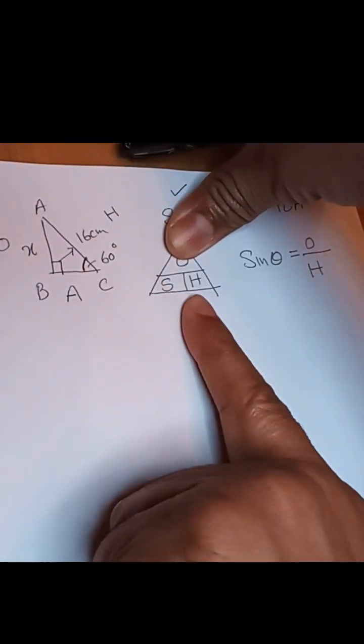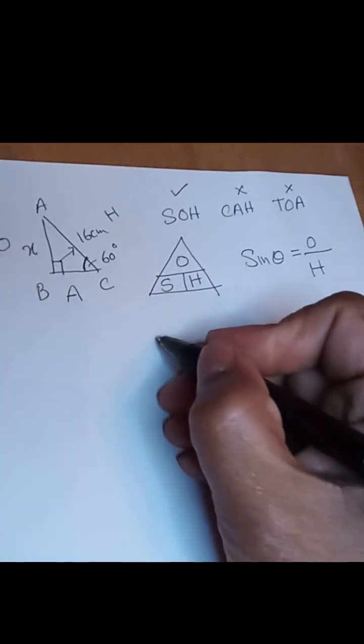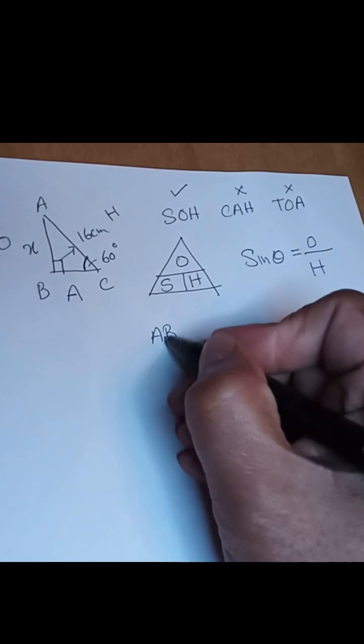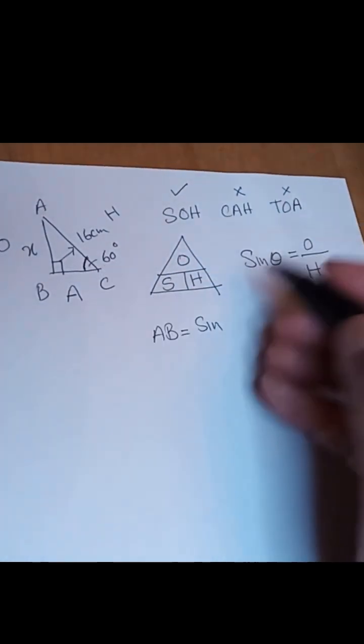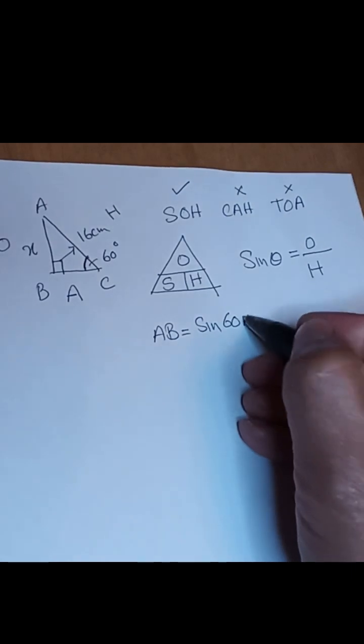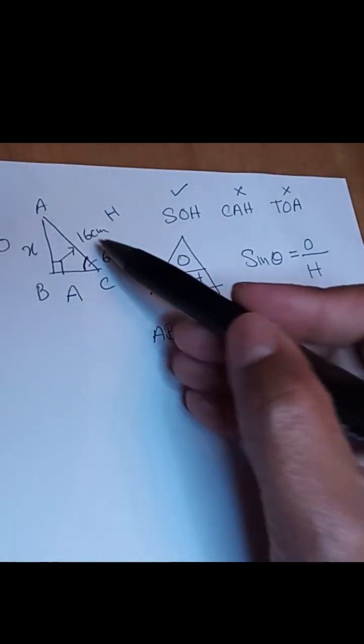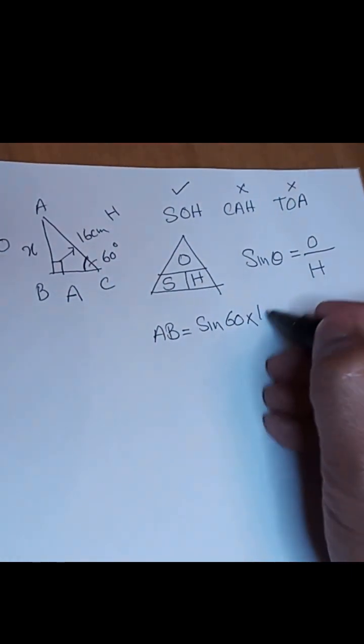We're looking for opposite, so we put our finger on O. What is left is sine theta multiplied by hypotenuse, right? So we're going to say that AB equals sine of, what's the angle here? Sine 60 times the hypotenuse. What is the hypotenuse? It is 16.